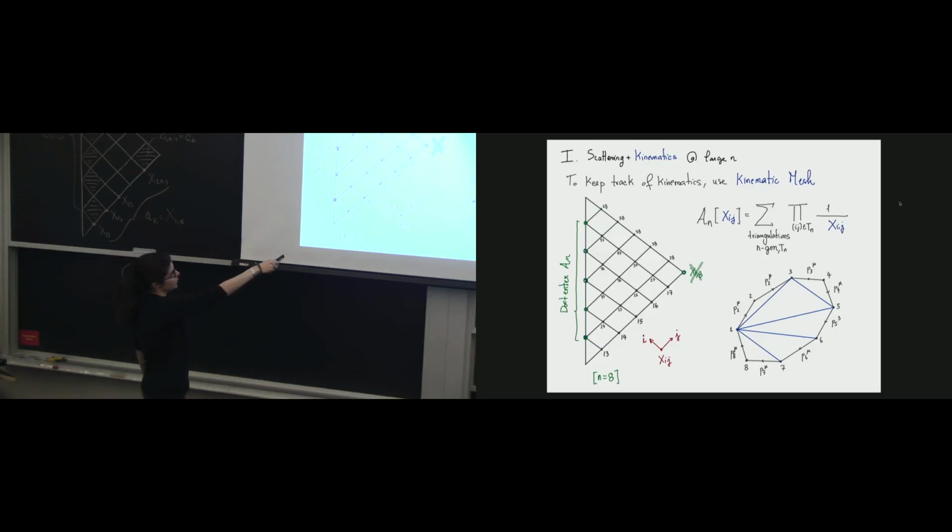Any point here labels one of the xij's, and when I move along this direction, I increase j, and along this direction, I increase i. Each point inside here is a chord, and the points on the boundary are different in the sense that they're associated with the edges of the polygon that don't enter the amplitude, so they're not variables, and we should not really think of them as variables of this mesh.